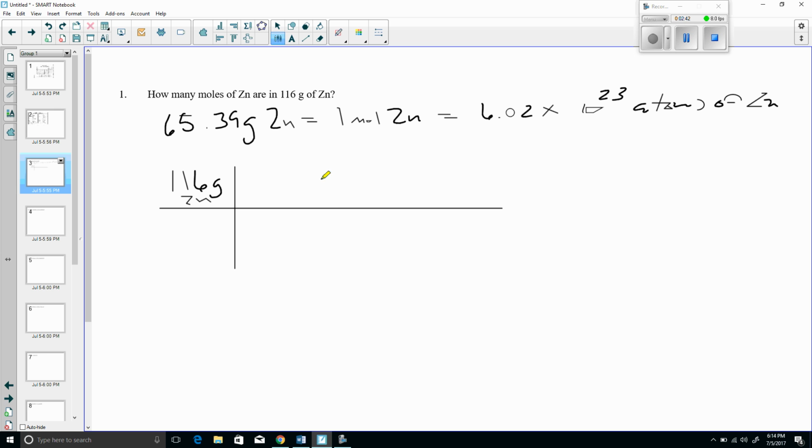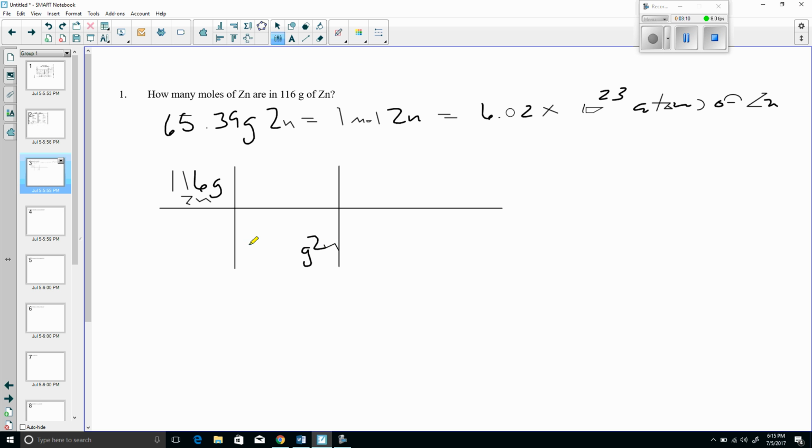Now we have to just write the conversion factor of that. And the conversion factor is simply a ratio of equivalent values. So we already have that. We know that 65.39 grams of zinc equals 1 mole of zinc. So here is our ratio. Now, because we put grams in the top of the bracket, we're going to put grams in the bottom of the bracket.